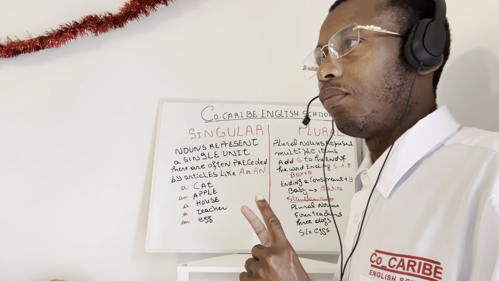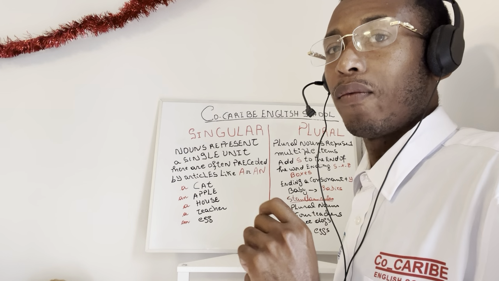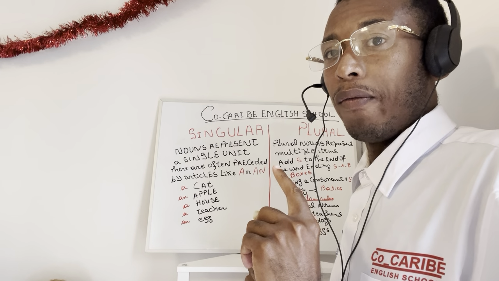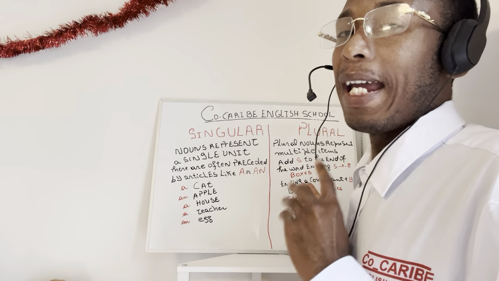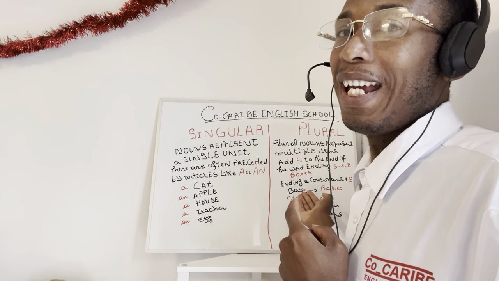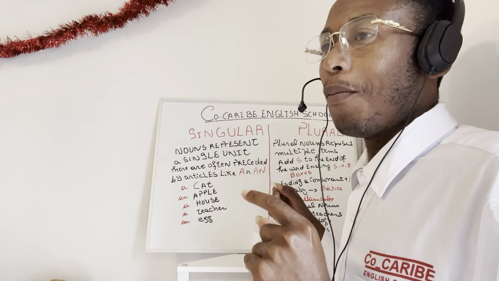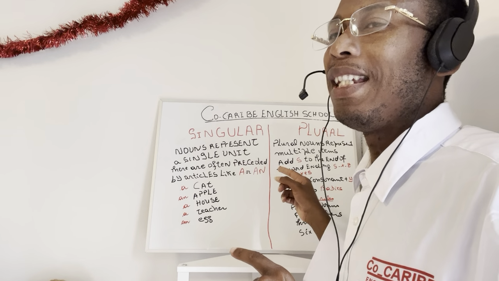But in English, the grammar rules you have to know. For example, when they have x at the end of the words, you have to put es. You cannot put s. The rule said you have to put es.